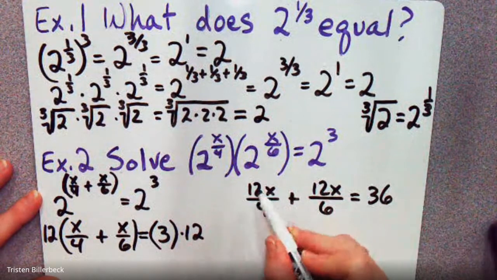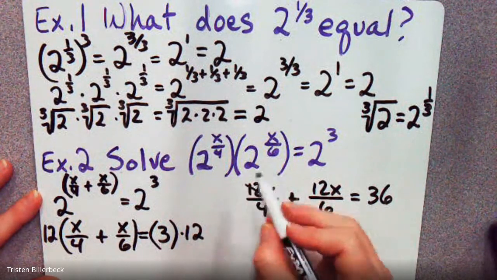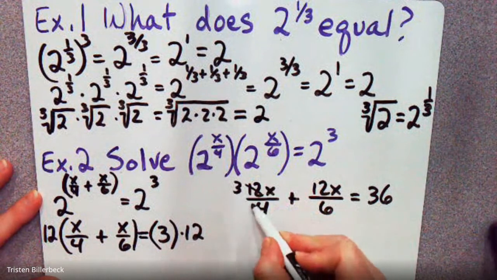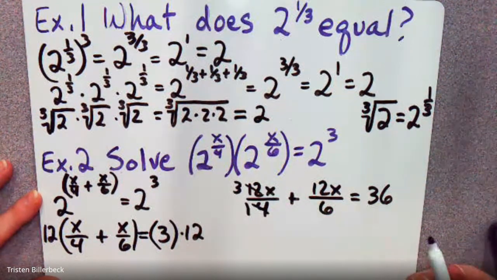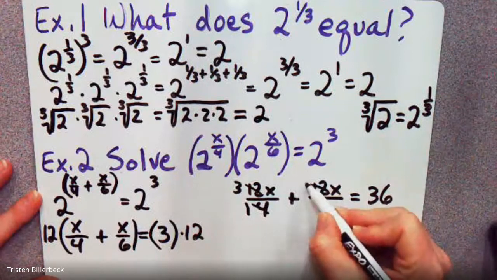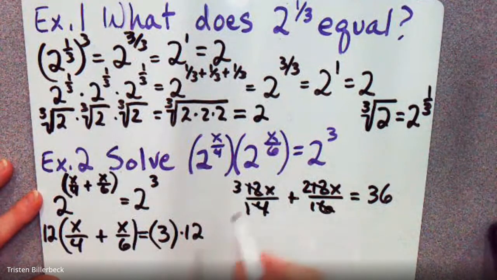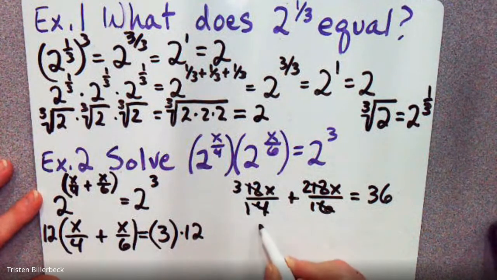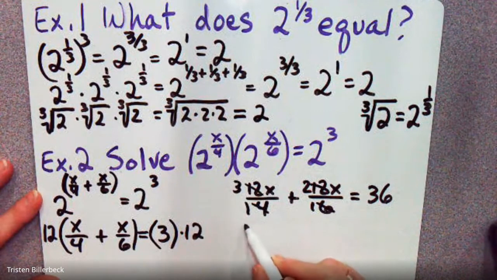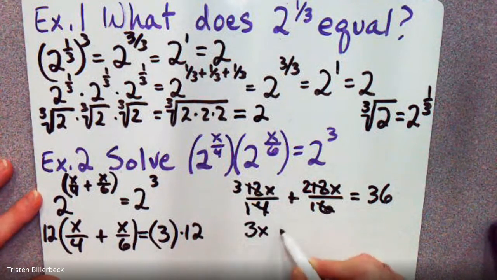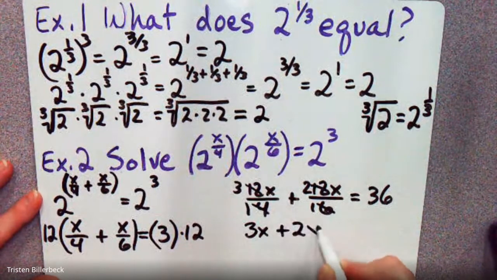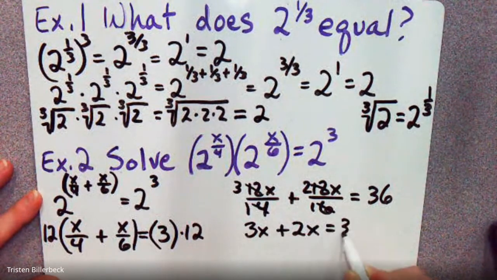We know that there are 3 4s in 12 and 1 4 in 4, and there are 2 6s in 12 and 1 6 in 6. So now we can rewrite this without fractions, which makes it so much easier. So we have 3x plus 2x equals 36.